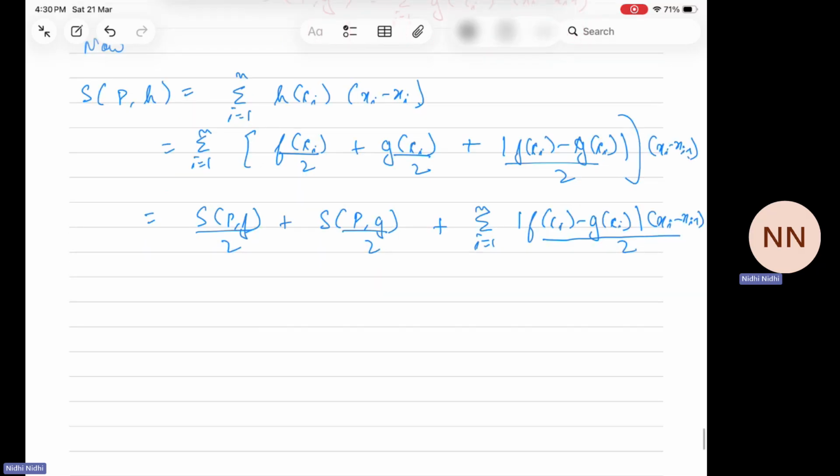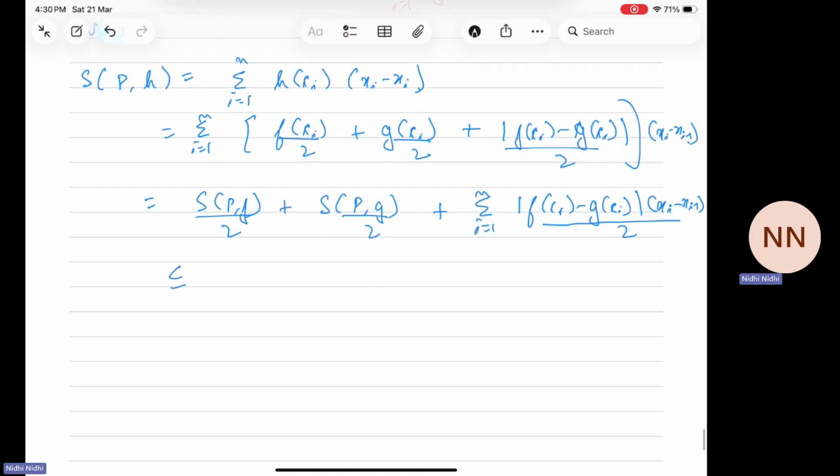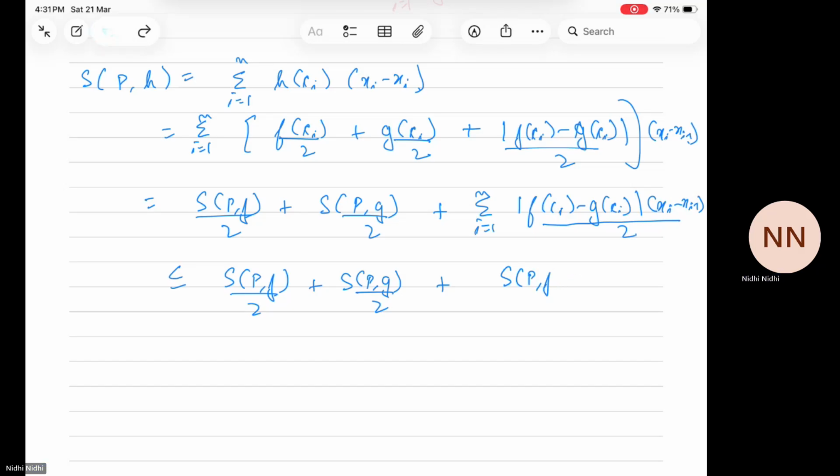And this can be written as less than or equal to S_P(f)/2 plus S_P(g)/2 plus S_P(|f - g|)/2.